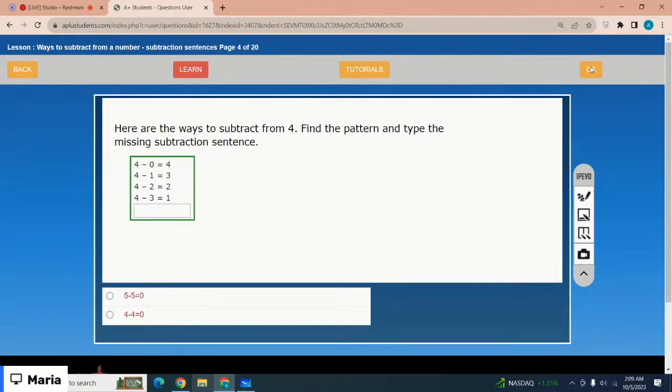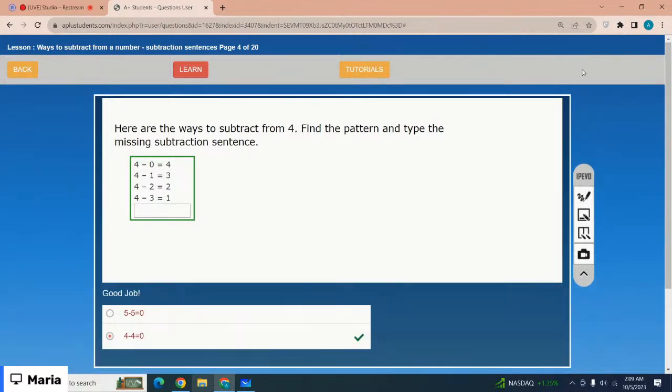Very good. The missing one is 4 take away 4 equals 0, right? The second option is the correct one, right? So if you already know the answers, you can please write down the answers in the chat box, right?